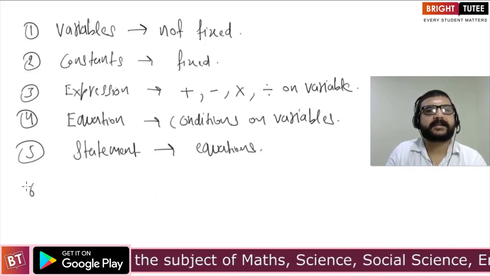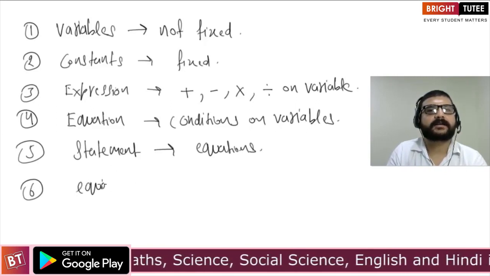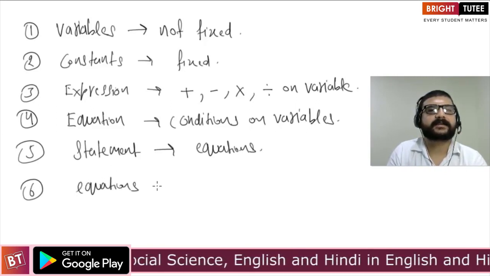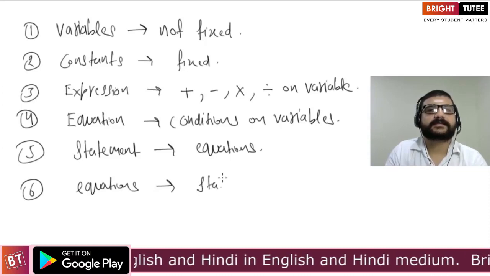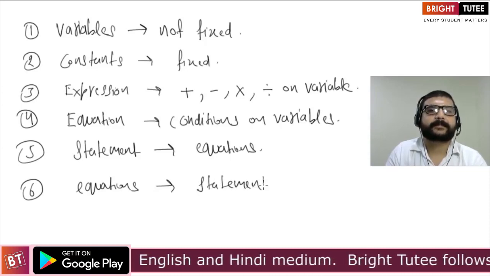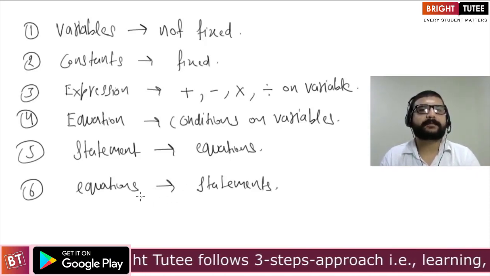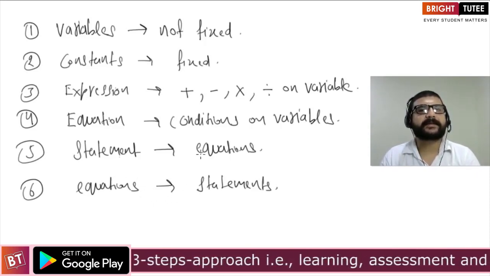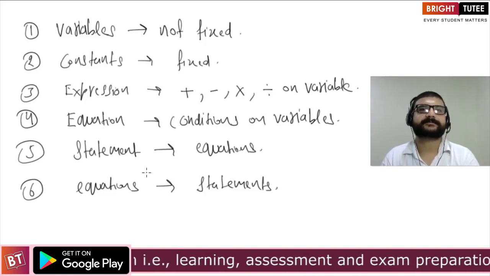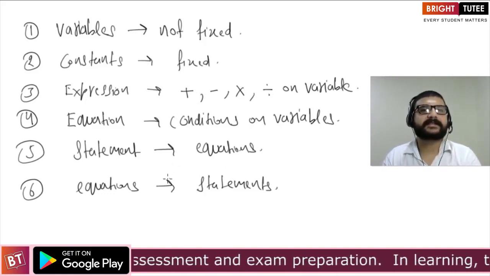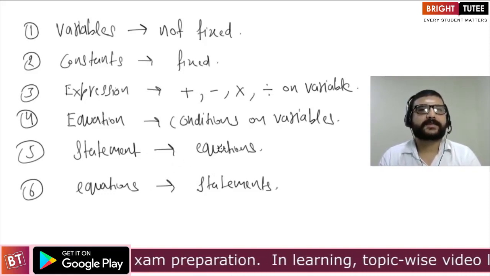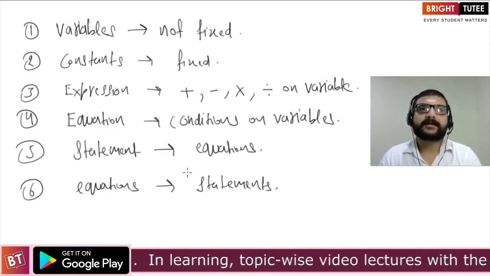And then we have studied how to convert equations into statements. And then we have seen a few examples on converting statements to equations. All these things we have covered in this video. So that's all for this video.